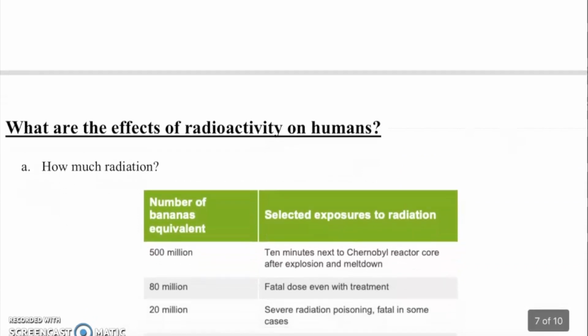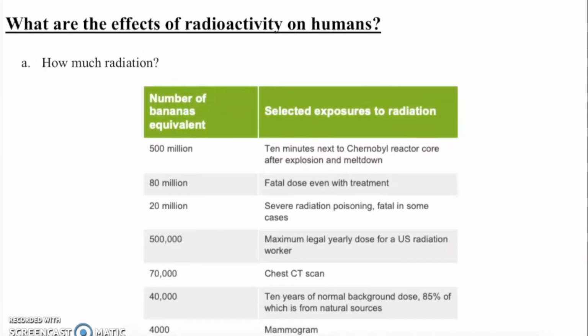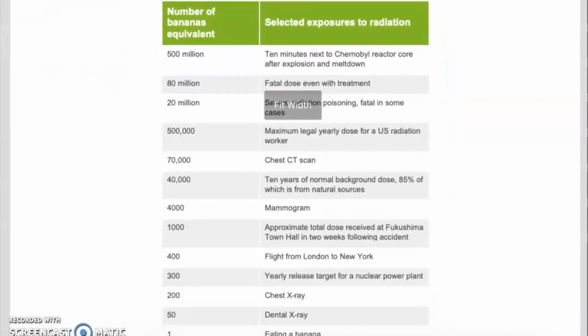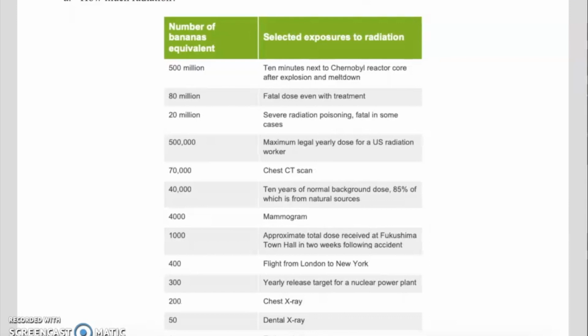Next up, we're going to be talking about the effects of radioactivity on humans, and we're going to start by just talking about the quantity of radiation. You may have heard that bananas are actually radioactive. It's because of the potassium that's found in bananas. And so what I like to do when we're talking about how much radiation is I like to use the unit of bananas.